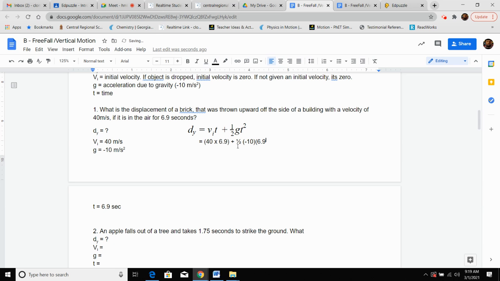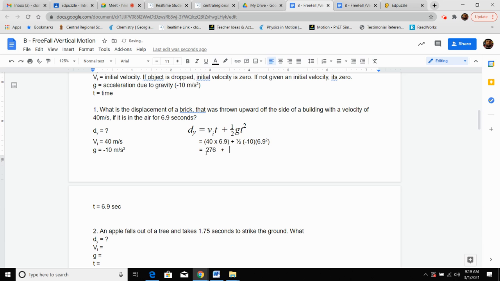Now this is the important thing to note, that you only square time. So how I do this is, I'm going to do this 40 times 6.9 first, and I'm going to get an answer here of 276.